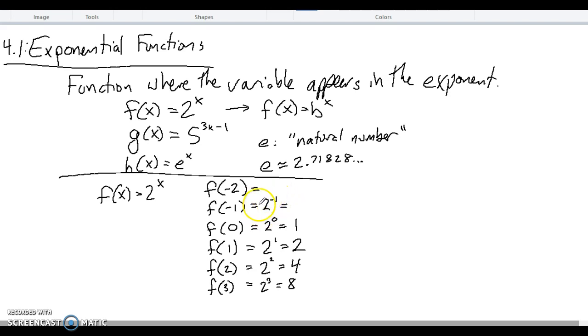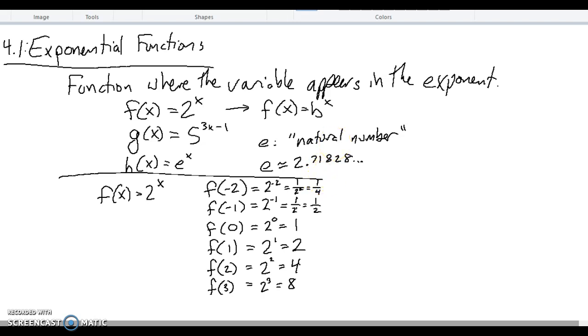Basically, it meant that our base was on the wrong side of a fraction bar. So it's the same thing as saying 1 over 2 to the first, which would just be 1/2. So 2 to the negative 2, following that same argument, is 1 over 2 squared, or 1/4.